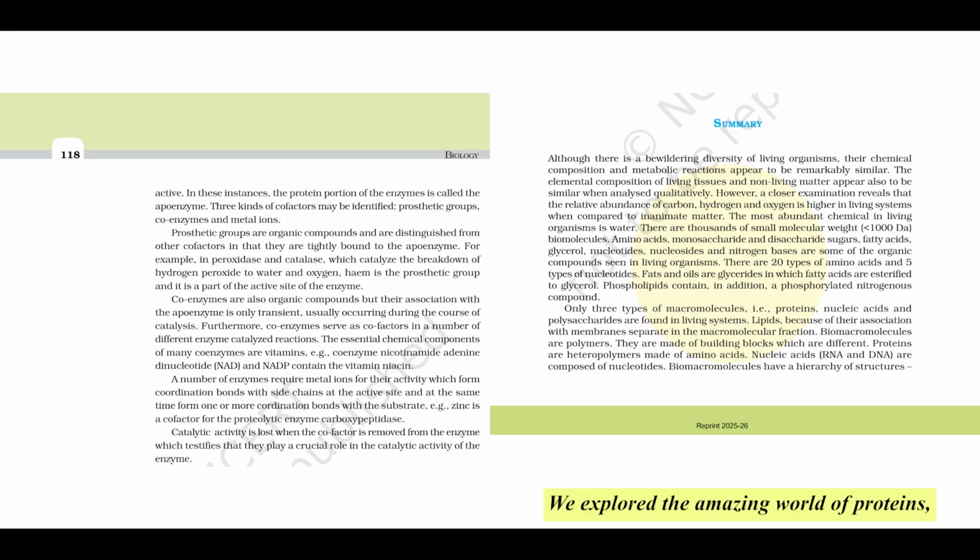We explored the amazing world of proteins, their 4 levels of structure: primary, secondary, tertiary, quaternary, and how this hierarchy dictates their diverse functions as enzymes, hormones, antibodies, transporters, and structural elements. We also looked at polysaccharides as energy stores: starch, glycogen, and structural components, cellulose, chitin, and nucleic acids, DNA, RNA, as the carriers of genetic information.